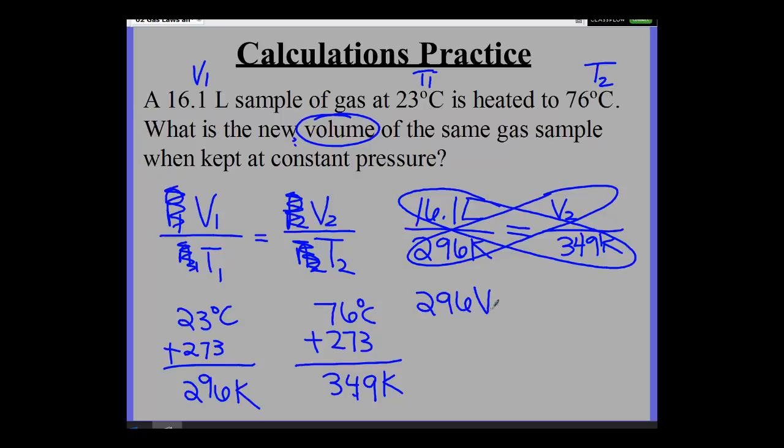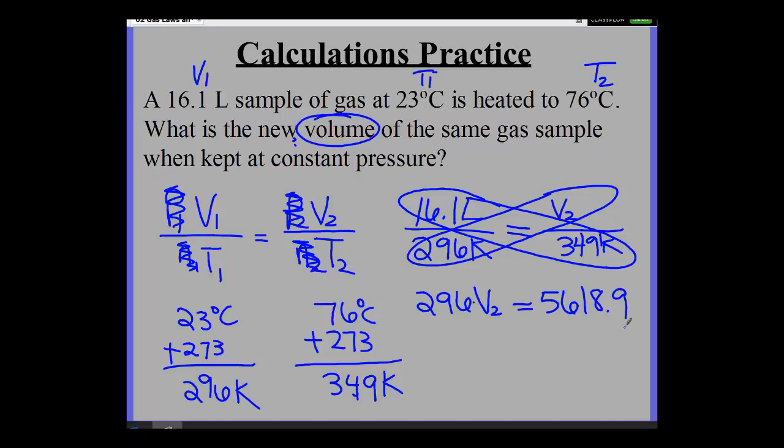296 equals a lot. 5,668.90. Thank you. Times V2. That's what I'm solving for.